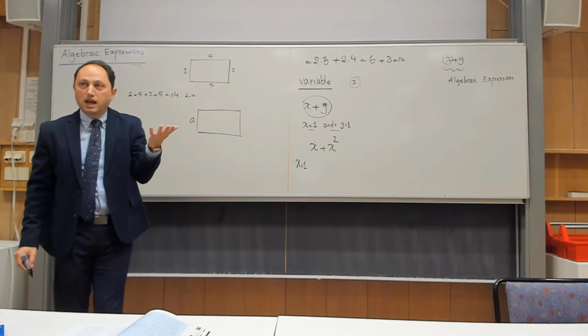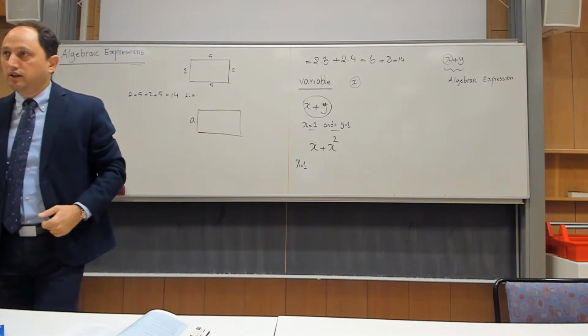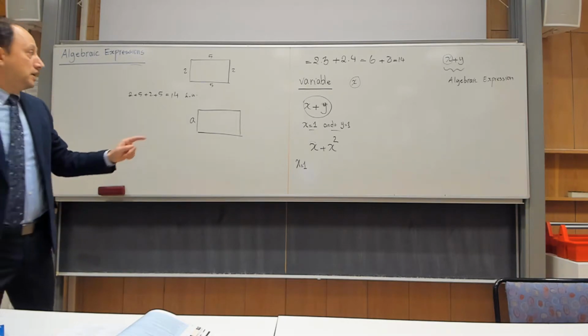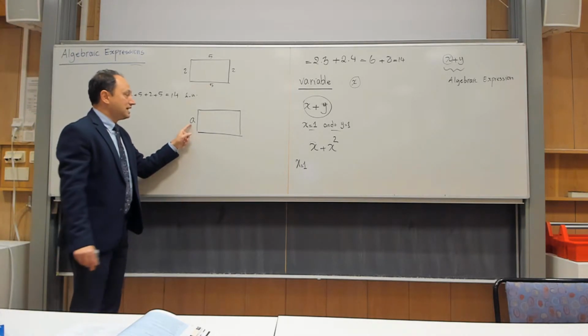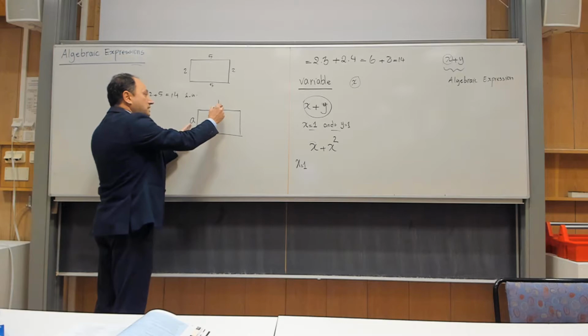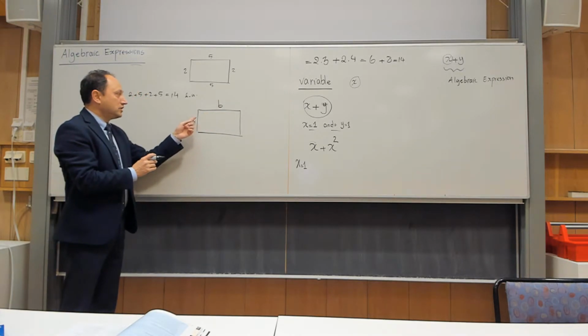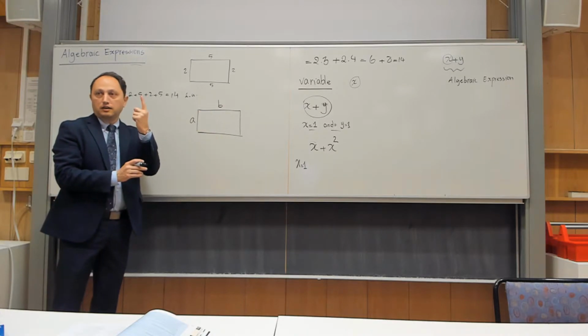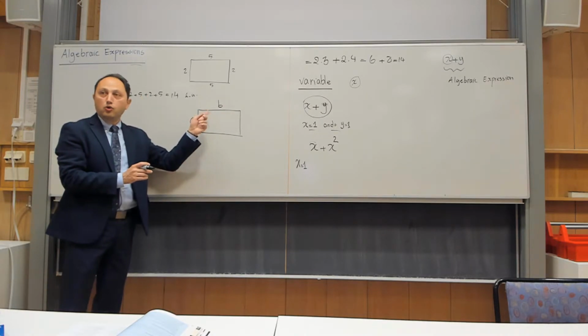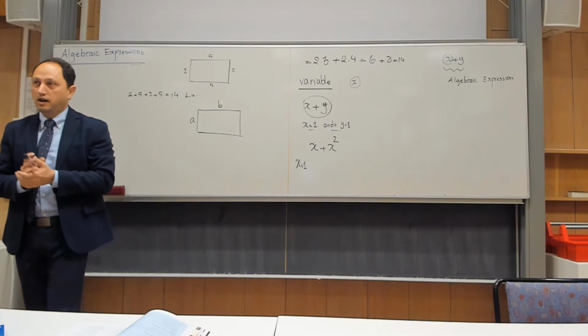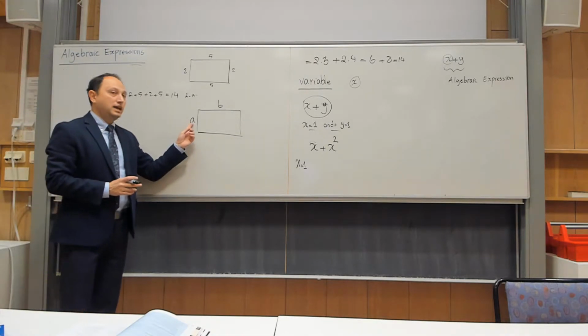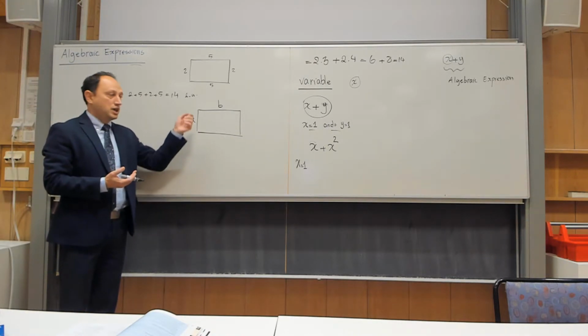But how many rectangles can you imagine? You can imagine infinitely many rectangles. But when I write that the height is A and the width is B centimeters, for example, then in principle I am considering not one rectangle. I am considering all possible rectangles. How? Because I am telling you that A is a variable, I can change it.